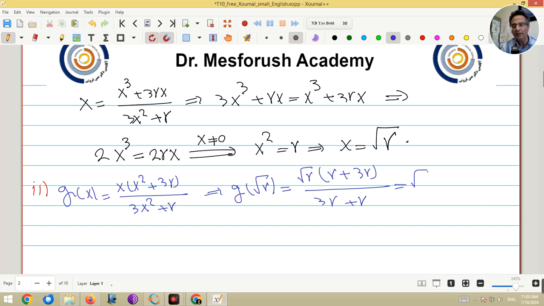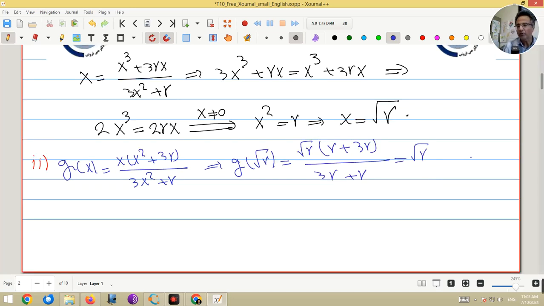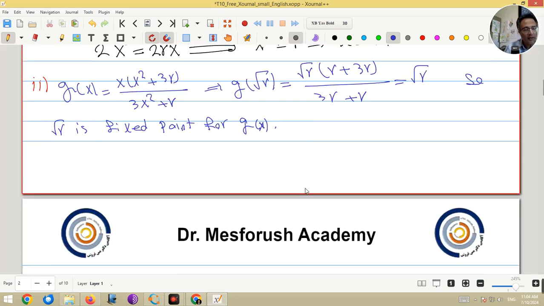You will get square root of r. So square root of r is a fixed point for g of x.